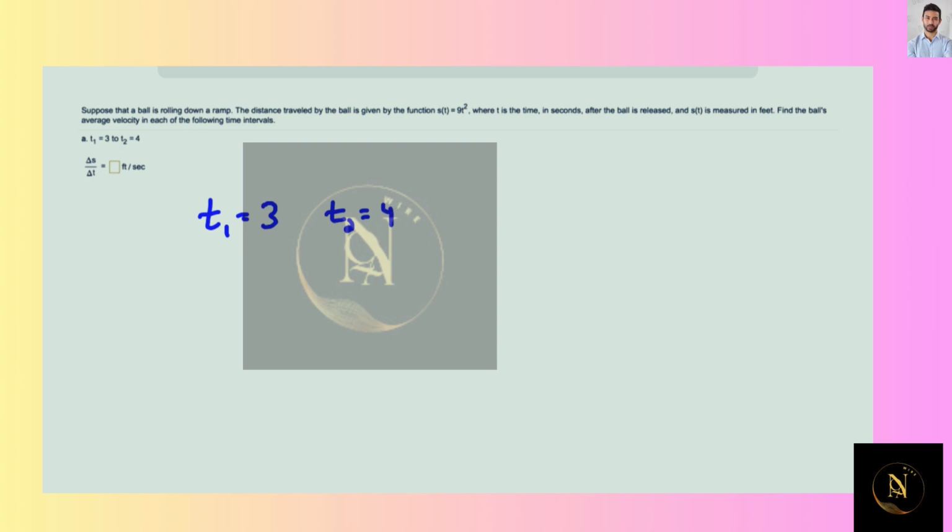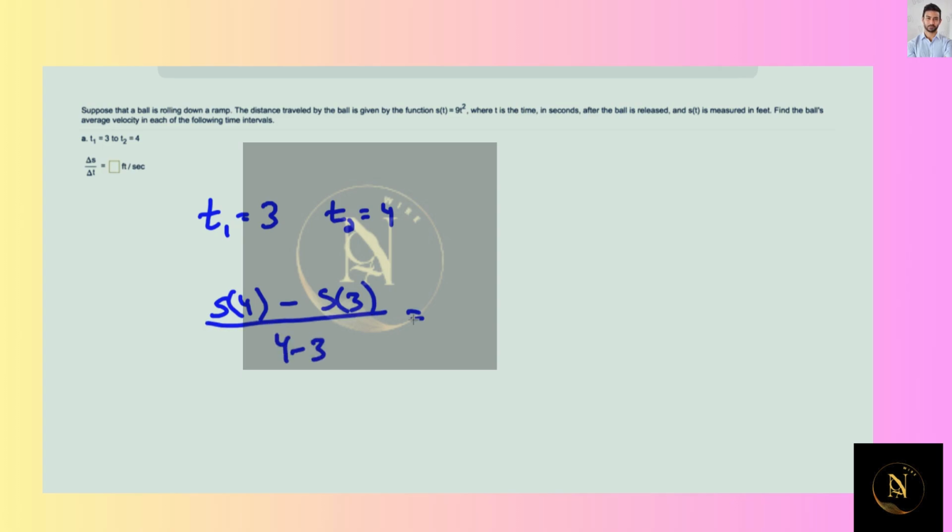So we want the change in the function, so that would be s of 4 minus s of 3, compared with the change in t, which would be 4 minus 3.